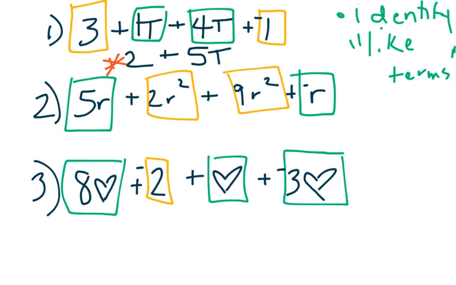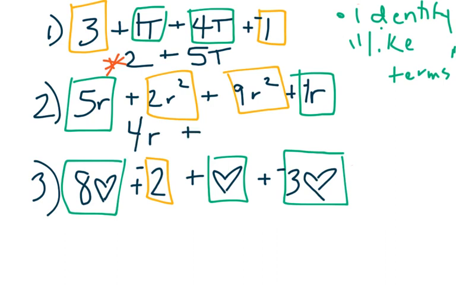Let's look at number 2. So I'm going to add together my green terms. So I've got 5 r's plus a negative 1 r. So really, we're just thinking 5 plus negative 1 is 4, but they're 4 r's.